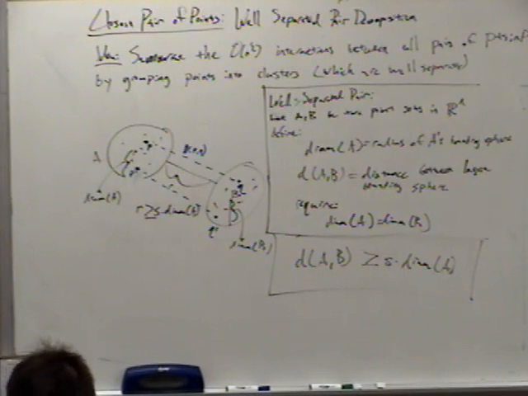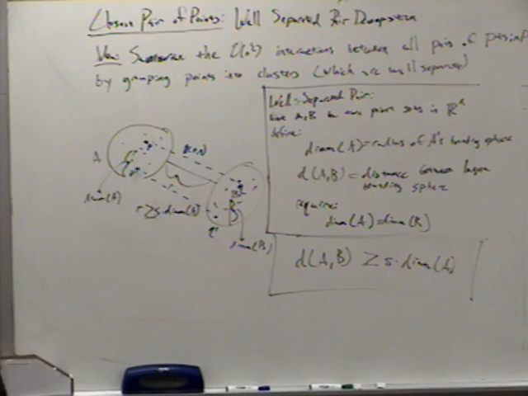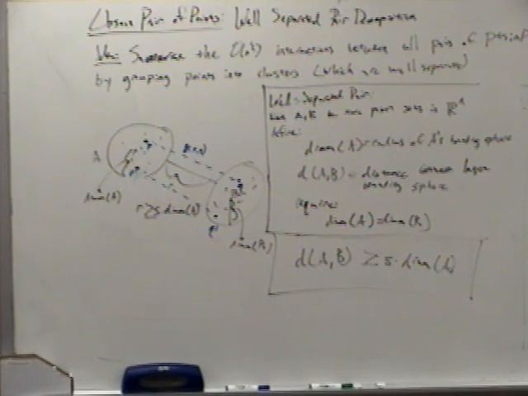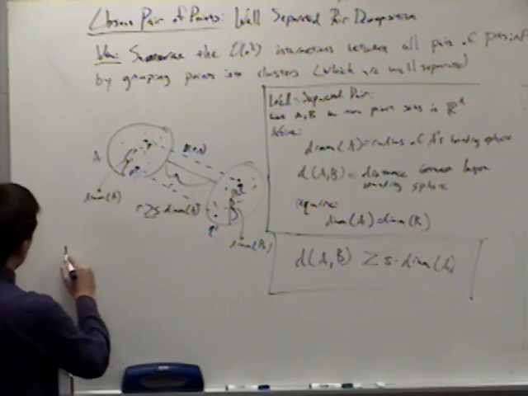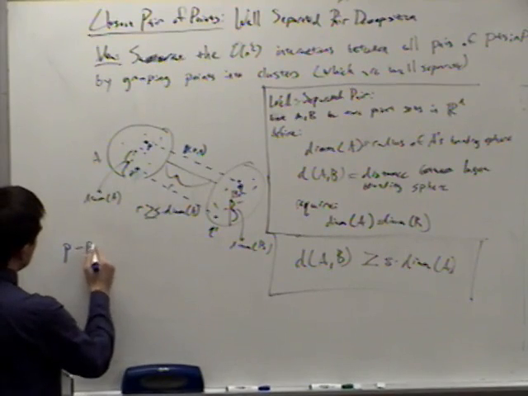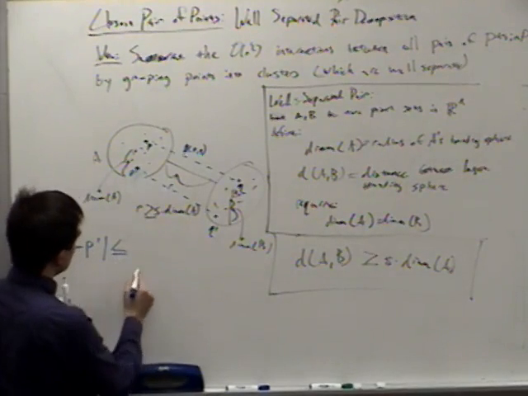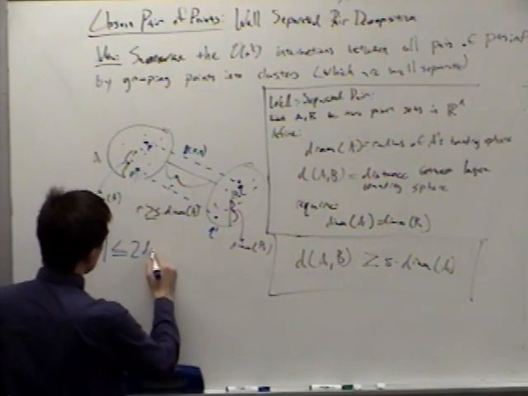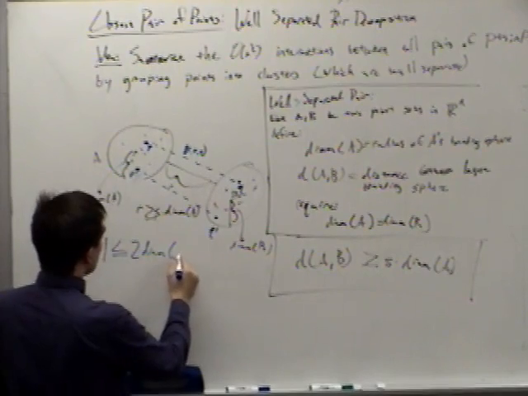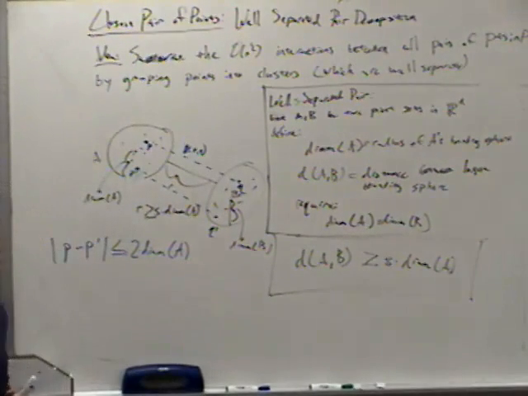Specifically, we can say the following: the distance from P to P prime has to be less than or equal to 2 times the diameter of A.